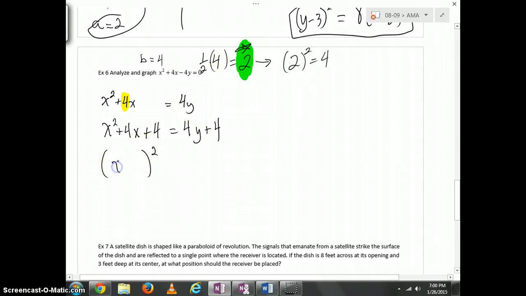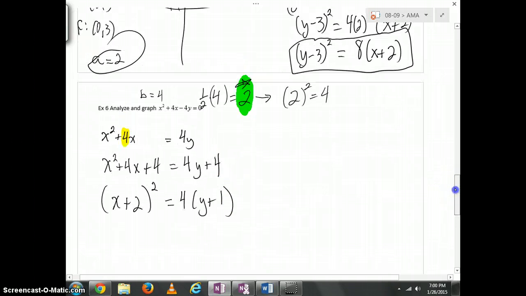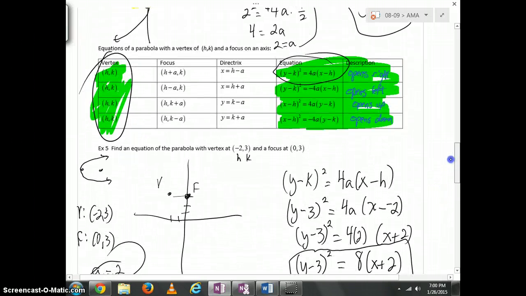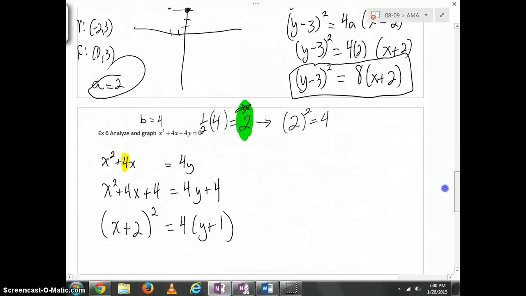This is a plus 2, so I will write x plus 2 here. Sure enough, x squared plus 4x plus 4 would factor into x plus 2 times itself. On the right-hand side, I suggest factoring out a 4 as well. Why? Well, if you were to quickly look back on our table here, you're always going to have a 4a out in front of some parentheses.